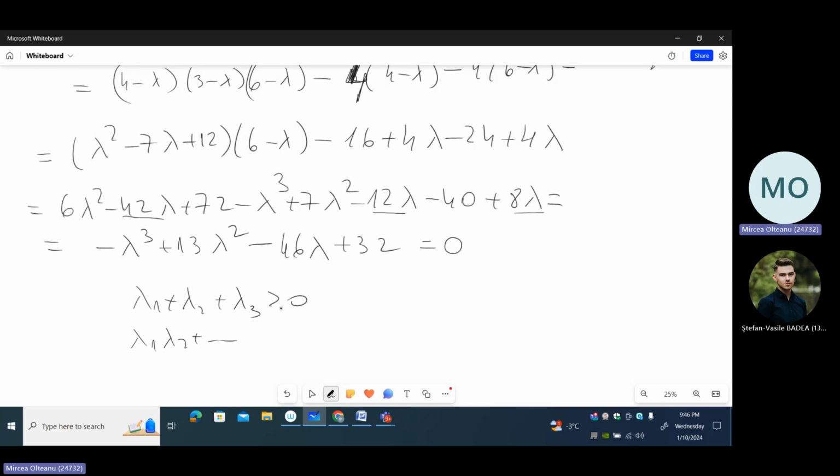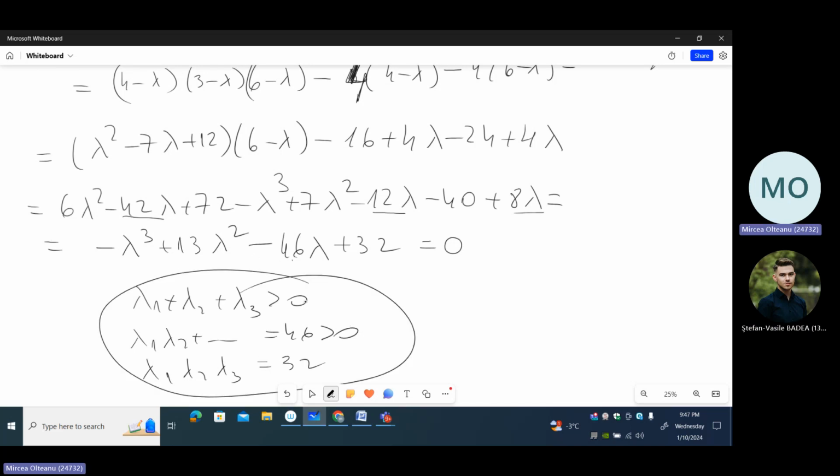The second sum is 46, again positive, and the product is again positive, it is 32. So all the roots of this polynomial are positive. So that means our point is a minimum. The point of coordinates 1/2, 1, 1 is a local minimum.